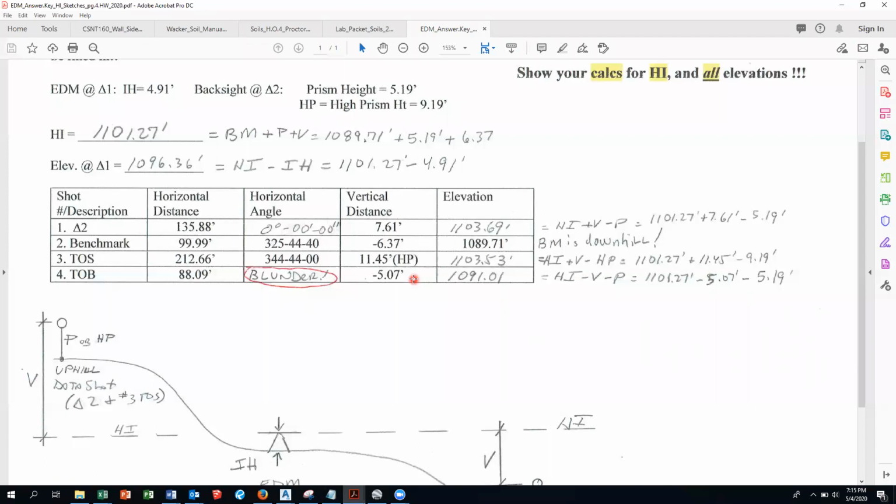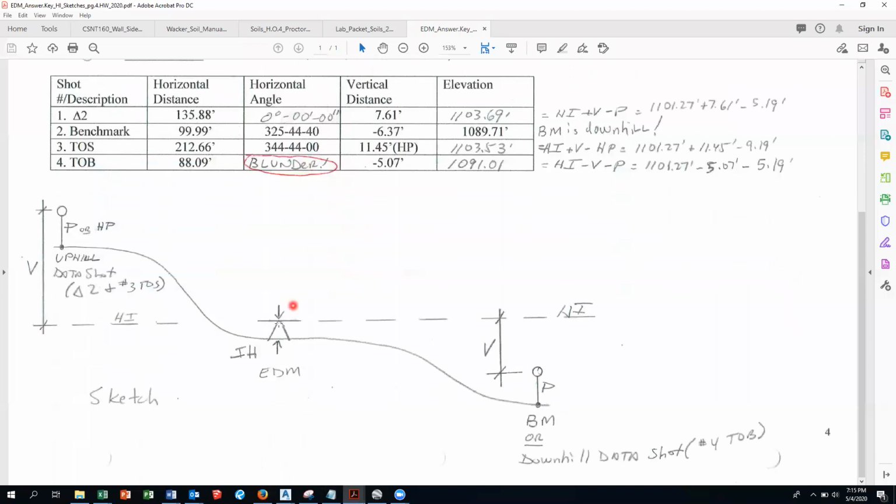Now you've got the last shot. You could say, well, why are you doing it? Because it's a blunder because you didn't write the horizontal angle. You're right. Well, let's do the math anyway. Because this is negative, I'm now looking downhill. I don't know that elevation, but I do know the HI. So it's HI minus V. That's why it's got a minus sign.